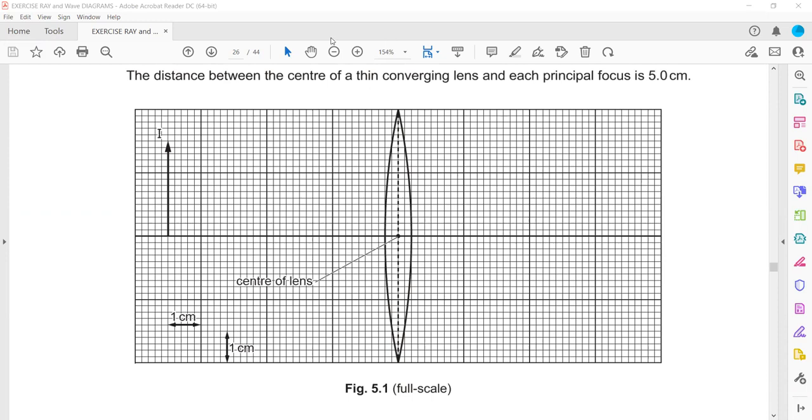First we have to mark the focus on both sides. 5 boxes equal 1 centimeter. So this is 1, 2, 3, 4, and 5. So this is 1 centimeter, then 2, then 3, 4, 5 centimeters. So that is the focus.